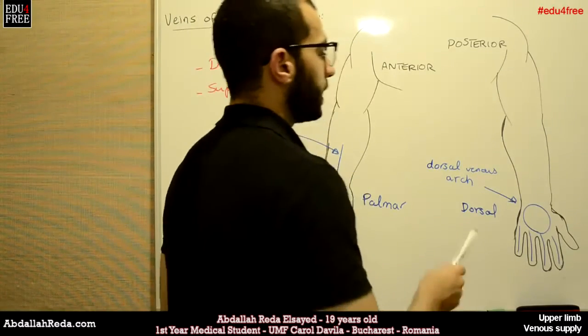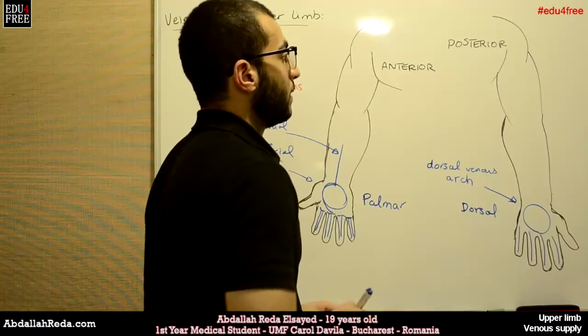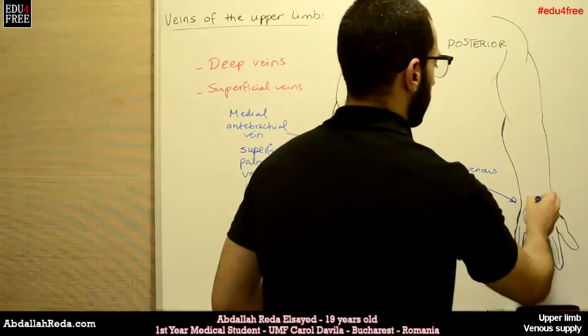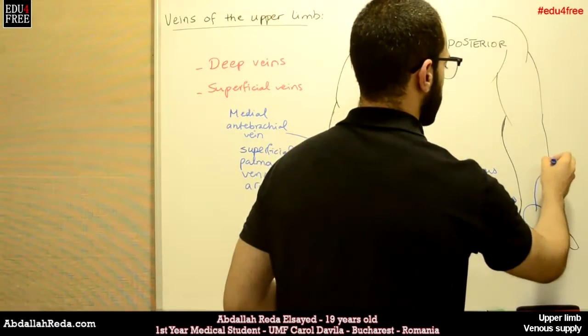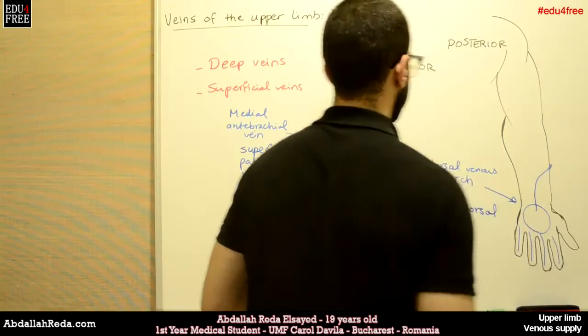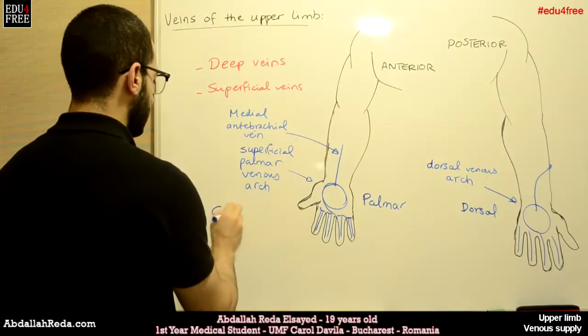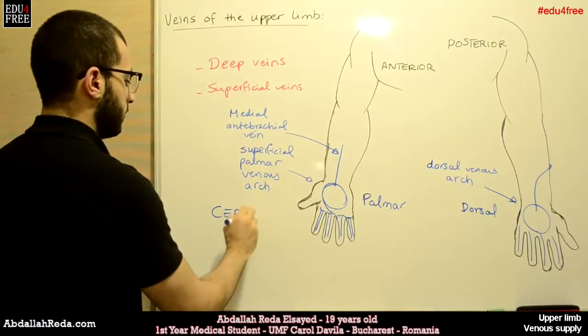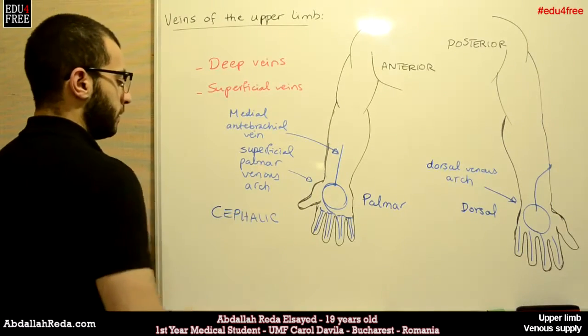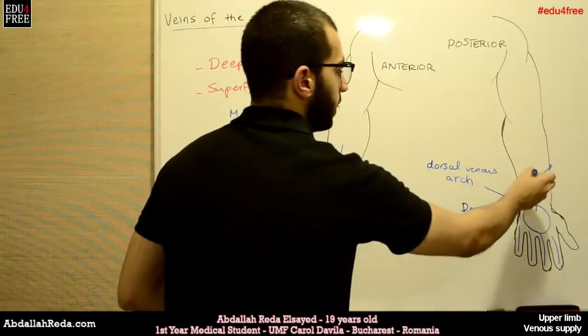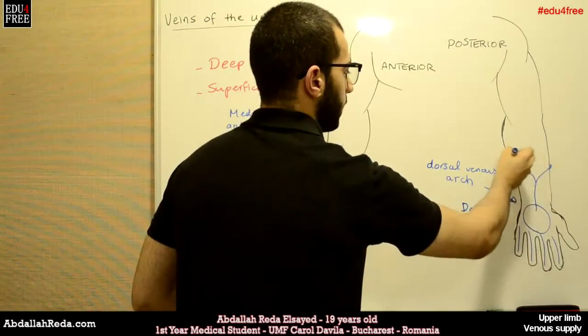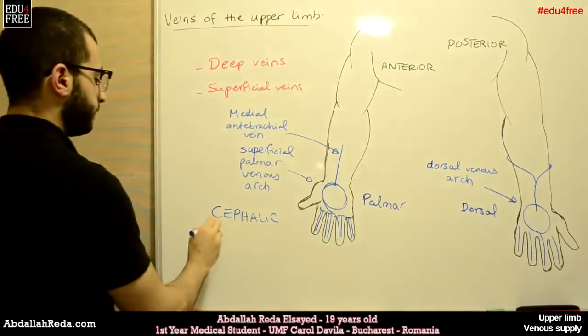This arch will give rise to two very important veins. One of them will go laterally and the other one will go medially. So the one that goes laterally is called the cephalic vein. So cephalic vein, and the one that goes medially is called the basilic vein.